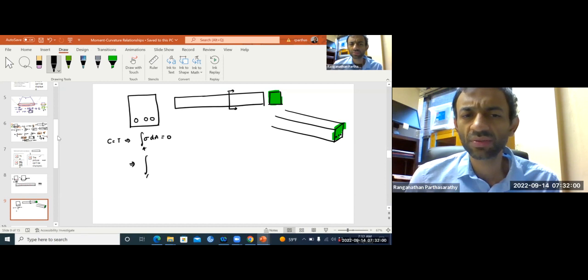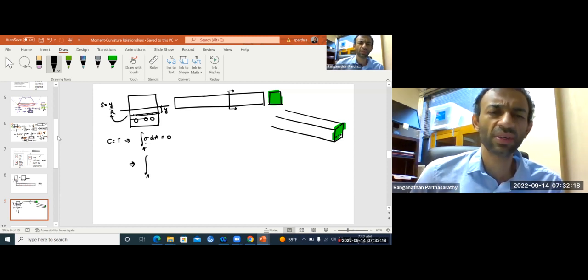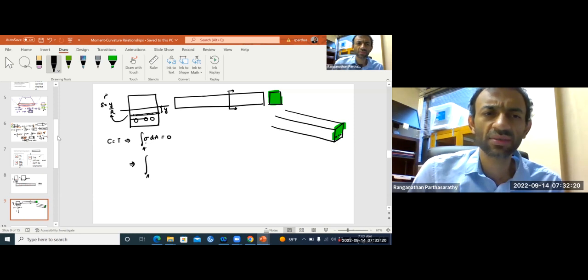Sigma dA is what? Strain is y over radius of curvature. So maybe you're looking at some strip at a distance y from the neutral axis, then the strain at the level of that strip is y over r. So stress is E times y over r.